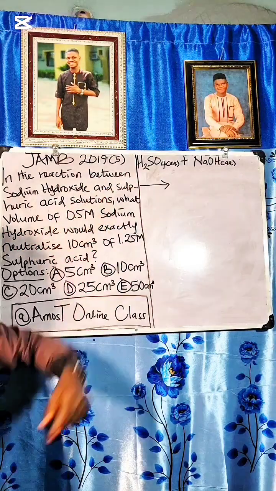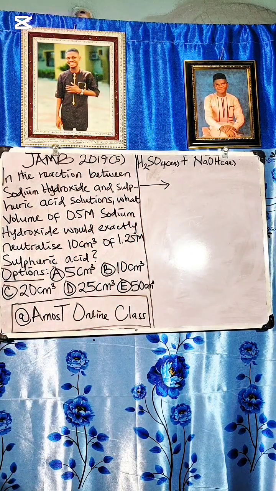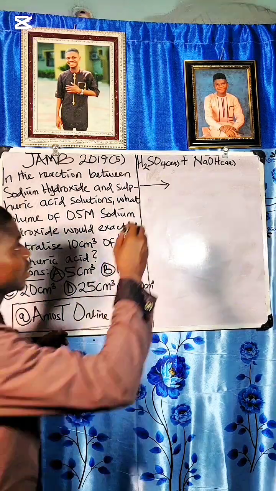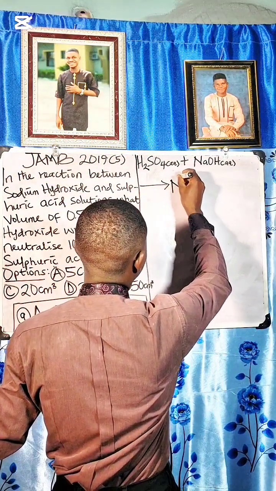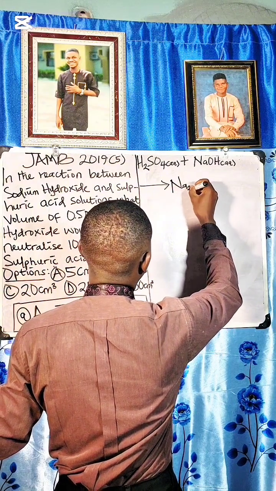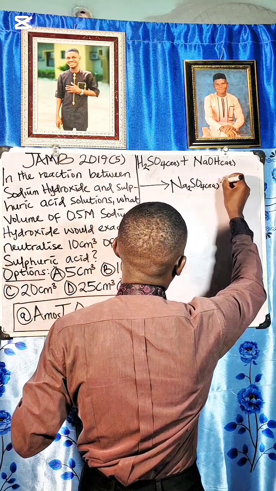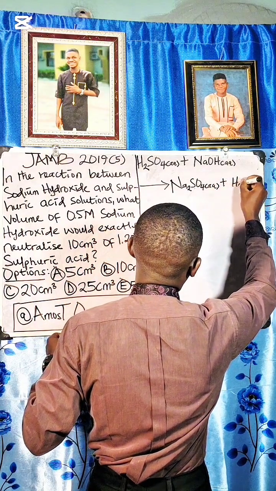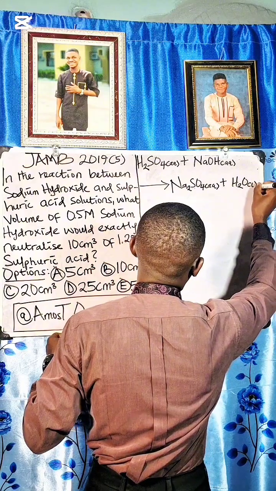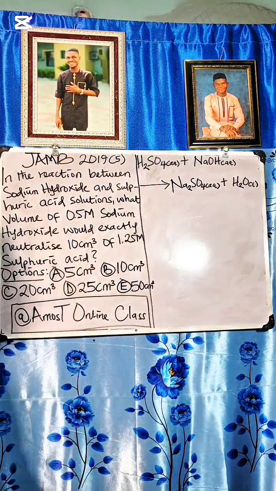We have sulfuric acid, in aqueous form, reacting with sodium hydroxide, also in aqueous form, and this will produce sodium sulfate, which is a salt, and of course water, which is in liquid form.